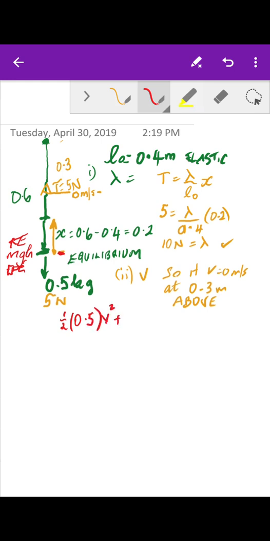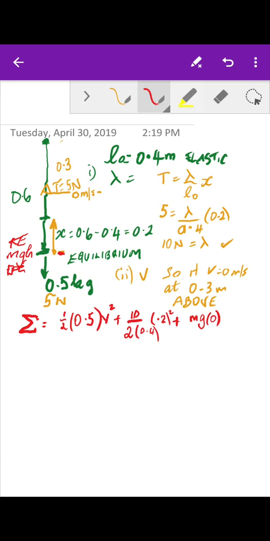Elastic potential energy is our modulus of elasticity divided by 2 times our natural length times our stretch squared, so 0.2 squared. Our potential energy, we've got no height, so mass mg times 0.